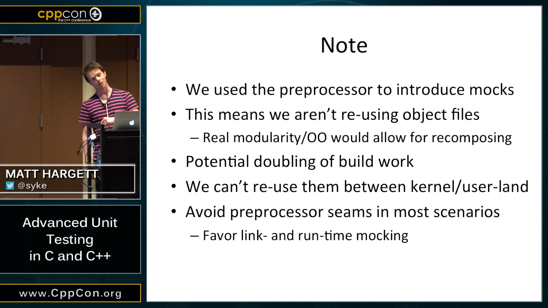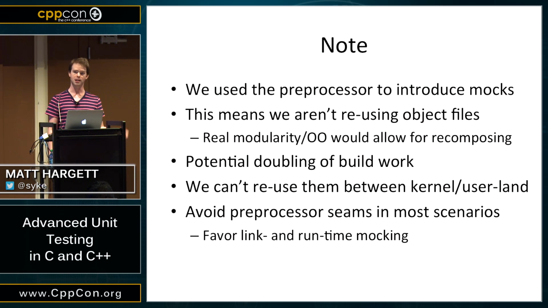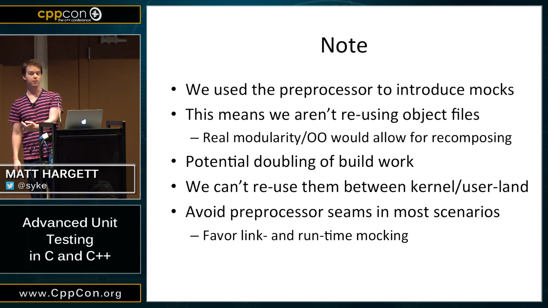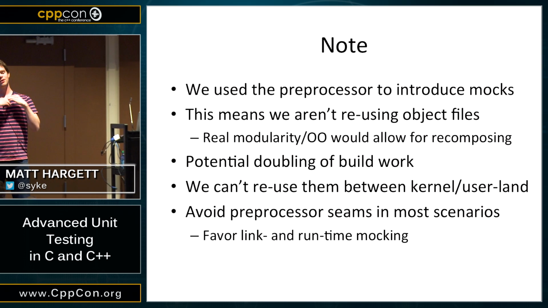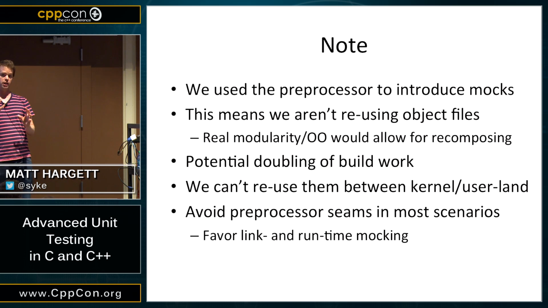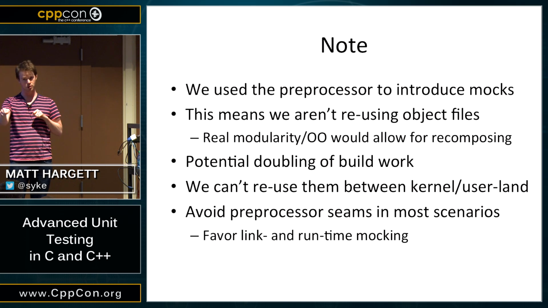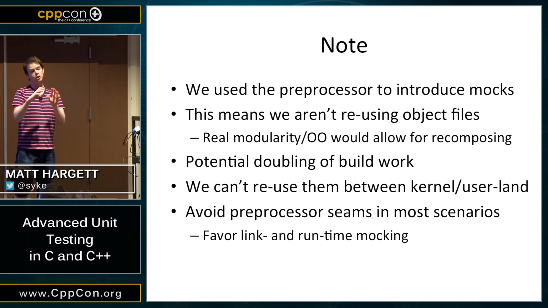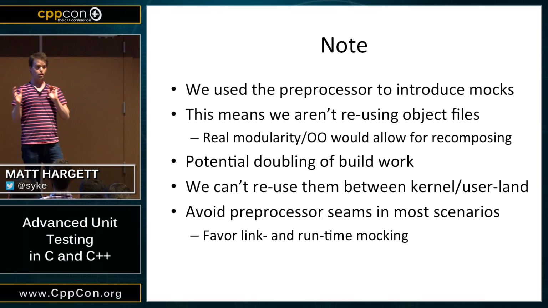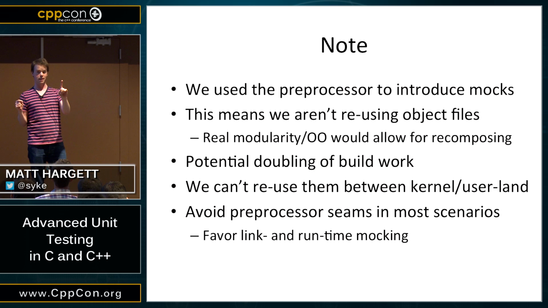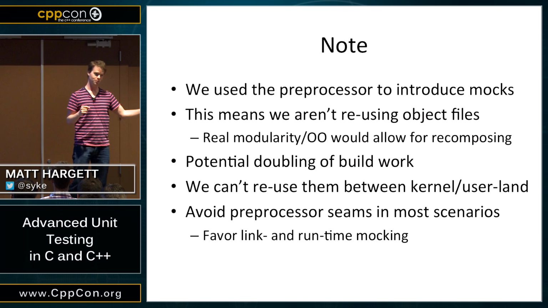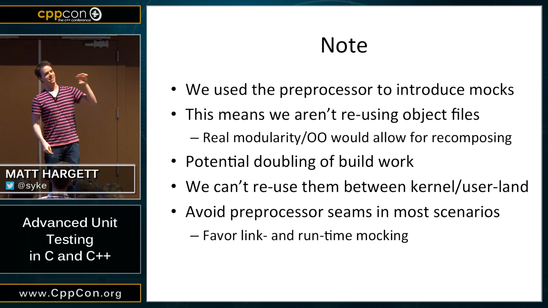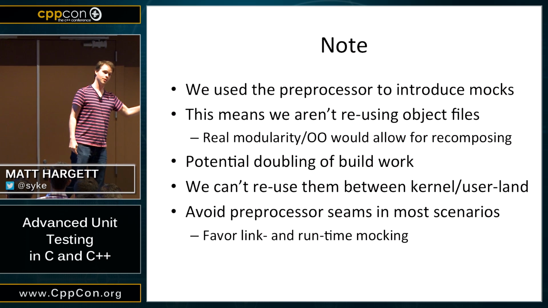The other problem, the more operational problem, is that if you're doing that often enough in enough of your source files, you are building everything twice. If you do things properly and use natural modularity seams, at link time, where I can do link time substitution, or at runtime, where I have a pure virtual class or a function pointer and can do substitution that way, you compile your implementation module once and use that object file to link into your shipping code and into your unit test harness.